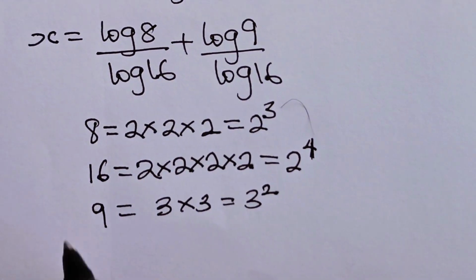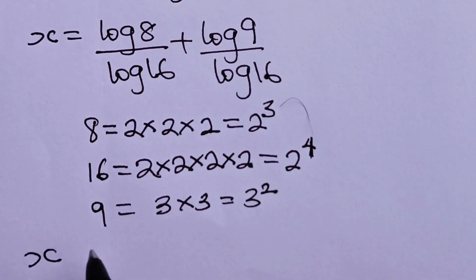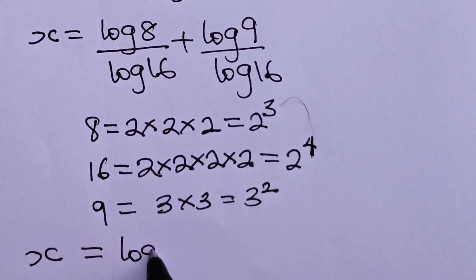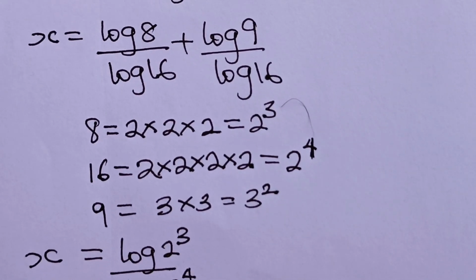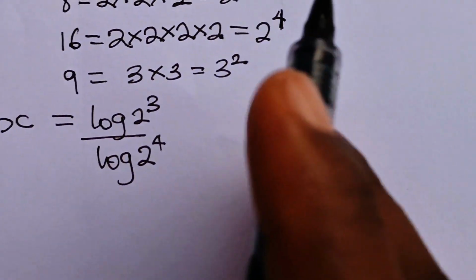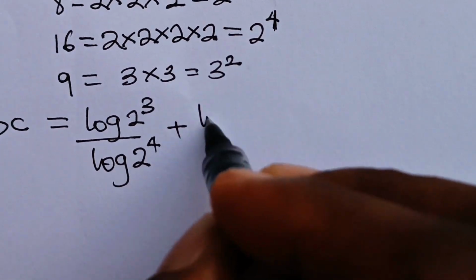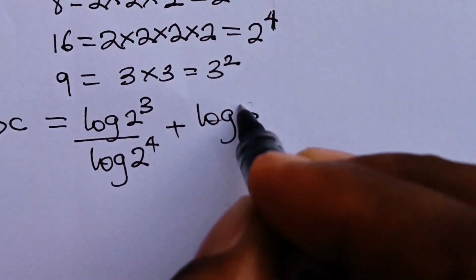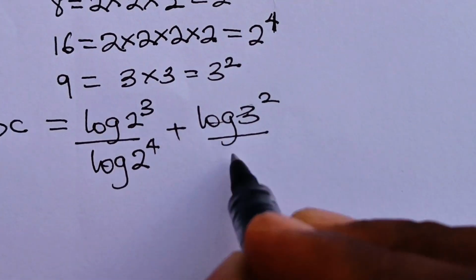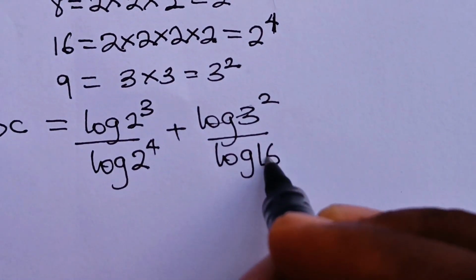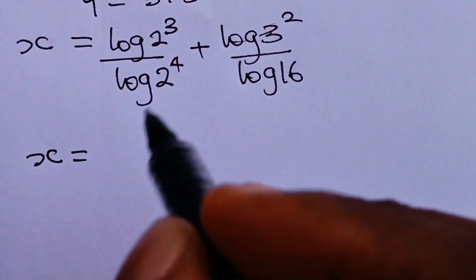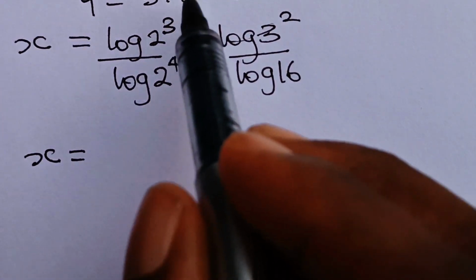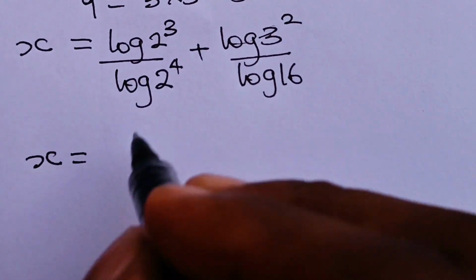So we can now write x is equal to log 2 to the power of 3 divided by log 2 to the power of 4, plus log 3 to the power of 2 divided by log 16. Now this will come down according to the power rule, which we've discussed before.